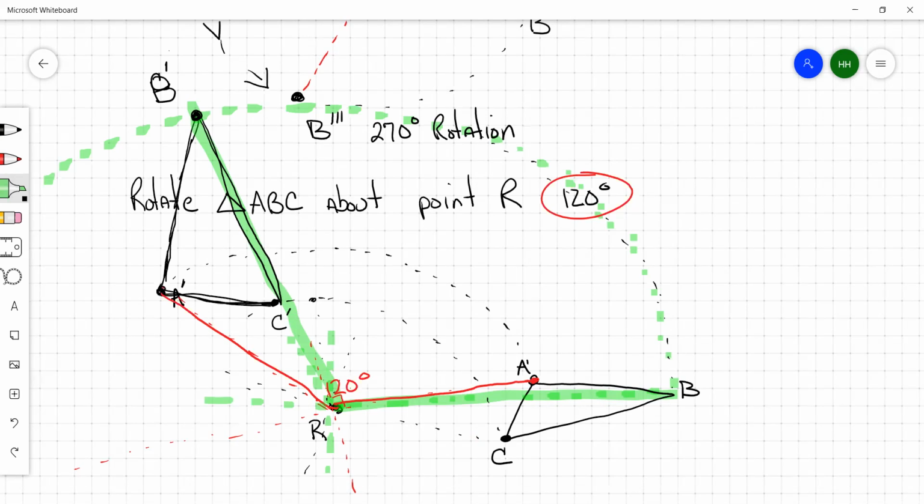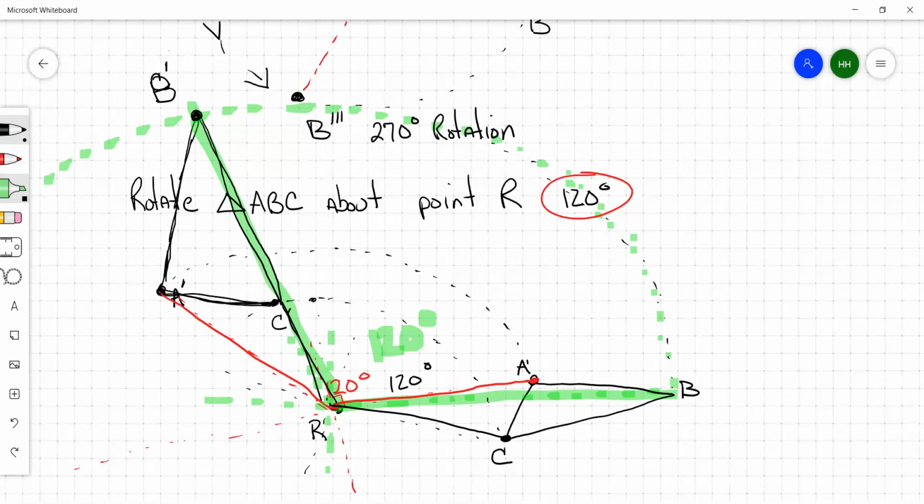Okay? A line drawn from C to the center of rotation, from the center of rotation to C prime, should be 120 degrees. That's the deal with rotation.